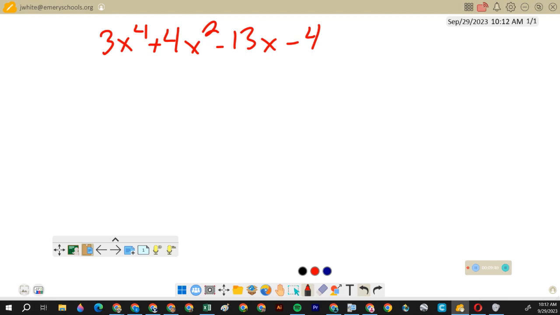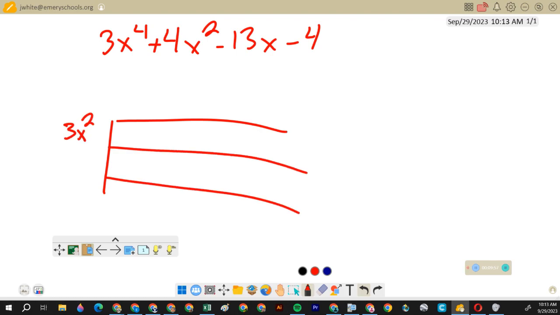Look carefully. 3. What is the middle row? So the first row is my 3x squared, and my second row is 0x.